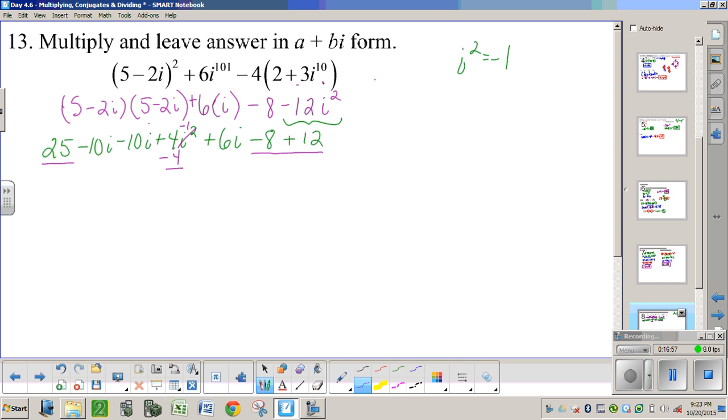So that's another like term that I can combine there. So I have 25 minus 24 minus 8 plus 12, which should give me 25. And if I look at my i terms, I have negative 10i, another negative 10i, and a positive 6i. So that should give me negative 14i when I combine all those.